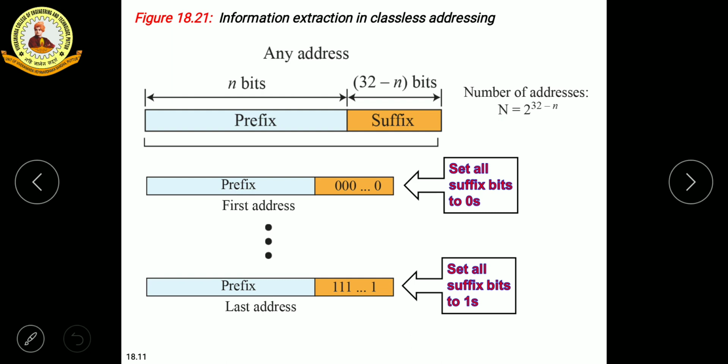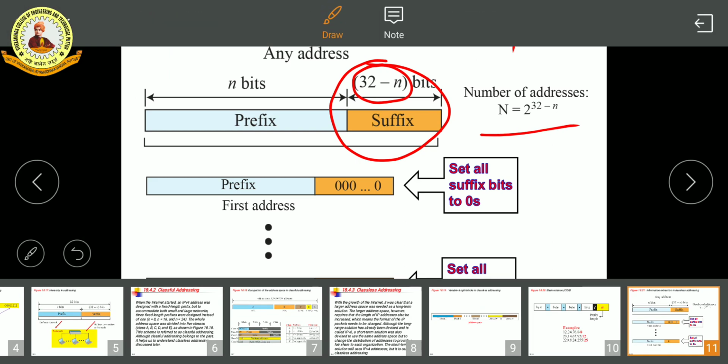That is, given an IP address and its slash notation in the CIDR scheme, what are the three pieces of information you can derive? First one is the total number of addresses in that network. To get to know that, you need to know the suffix information, right? So given n bits, the value of n will be given in slash notation. Take that information, you will get 32 minus n. So the total number of devices will be 2 raised to 32 minus n. That will answer your first part.